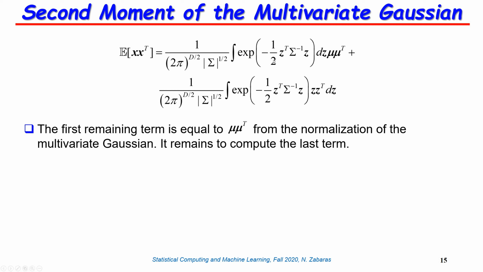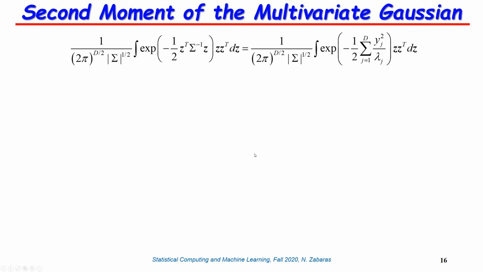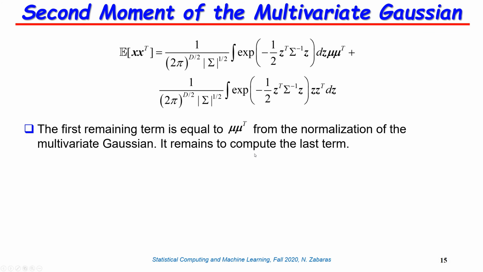So the first term is trivial because mu transpose is constant, and the rest is the normalization of the Gaussian. So the answer comes to be mu transpose. Okay, nothing fancy with that.